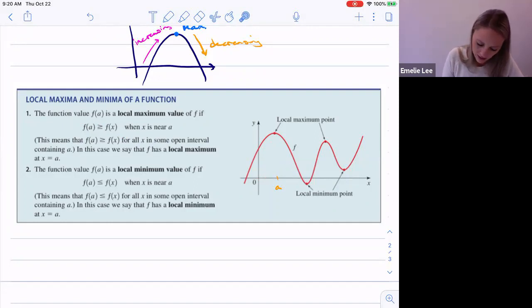What it's saying is the output at f of a has to be larger than the outputs of all the other x's around a, right, when x is near a. So I'll remove that because we use the same a later on for the minimum, so it could get confusing.